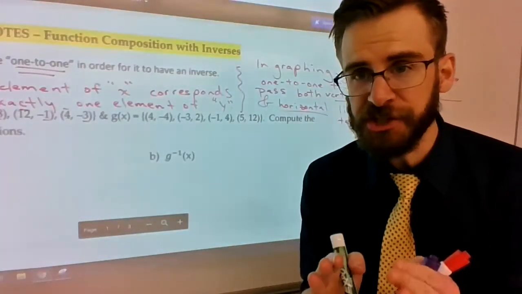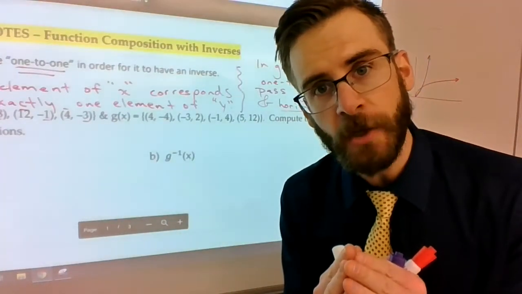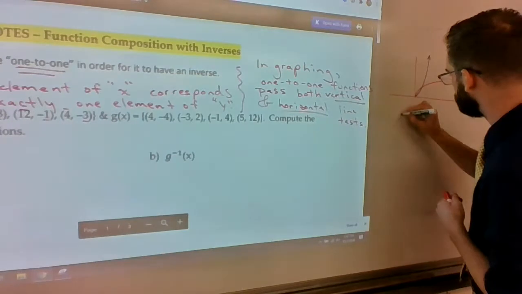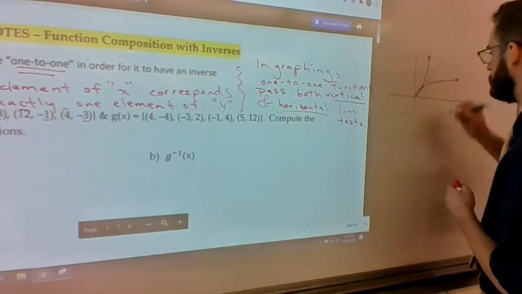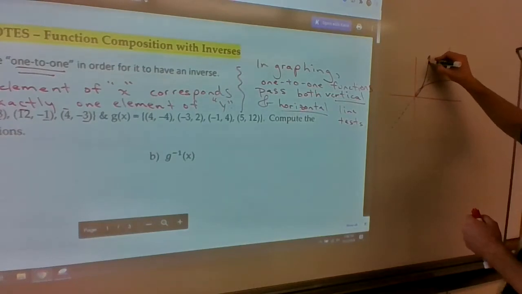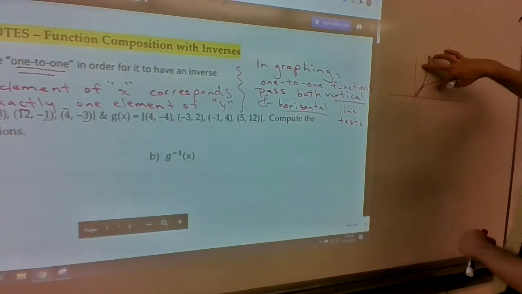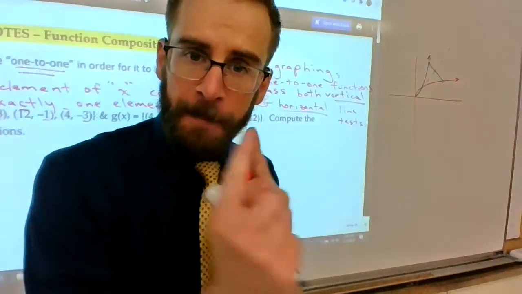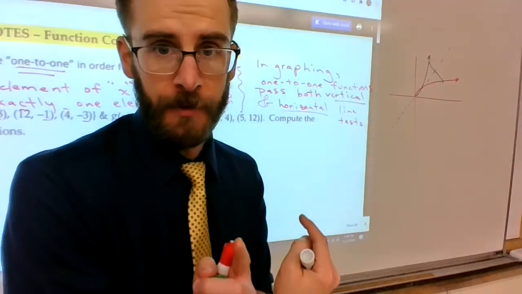They are reflections of one another over the line y equals x. So here's the line y equals x. Basically, the distance that any point on the purple is from the red should be equal distance. And furthermore, you are just going to be flip-flopping the x and y values.